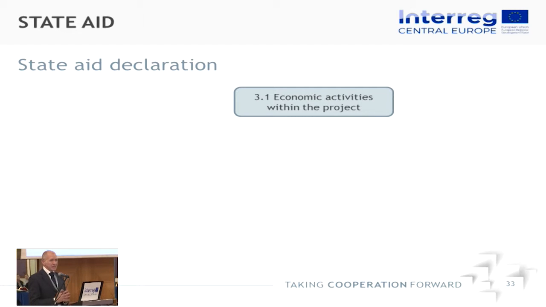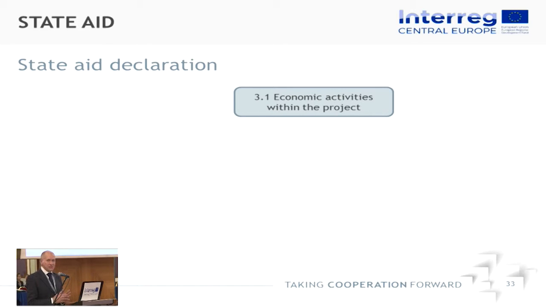We understand that state aid is a very complicated and difficult topic to follow, because it is based not only on legislation, on rules and laws, but also on jurisprudence. Therefore, it is really difficult to understand. That's why in our declaration we try to put as much guidance as possible.